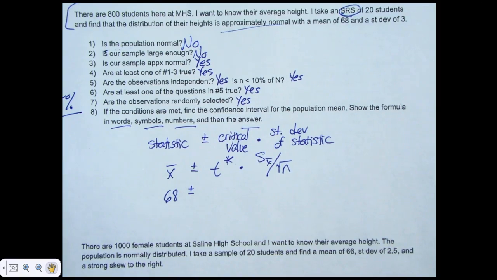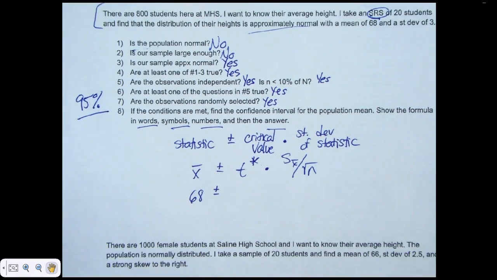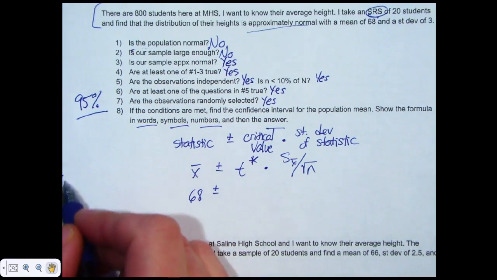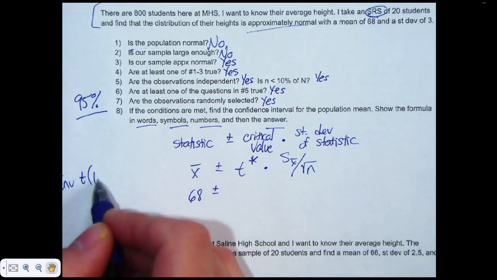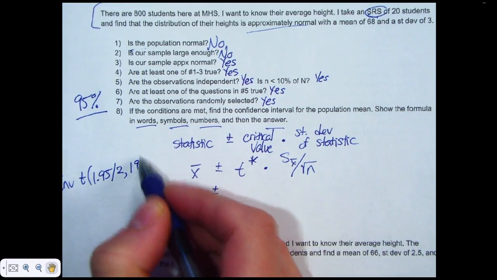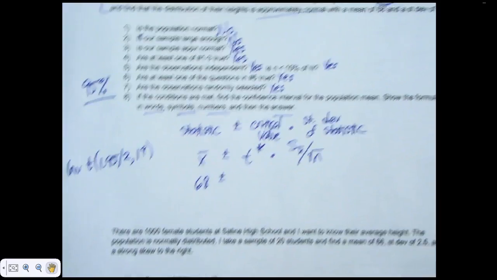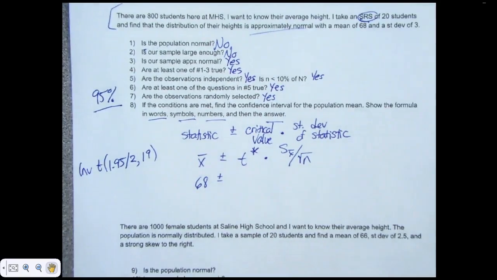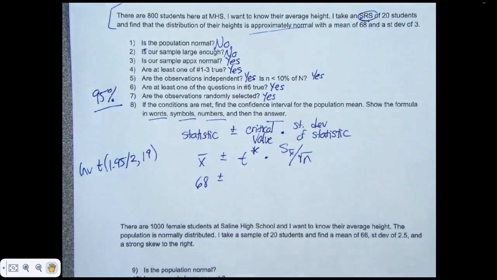So if it's not otherwise stated, use 95. So then your T star, remember, is inverse T of 1 minus .95 divided by 2, comma, it'd be 19 in this case. Why did I choose 19? One less than the sample size.